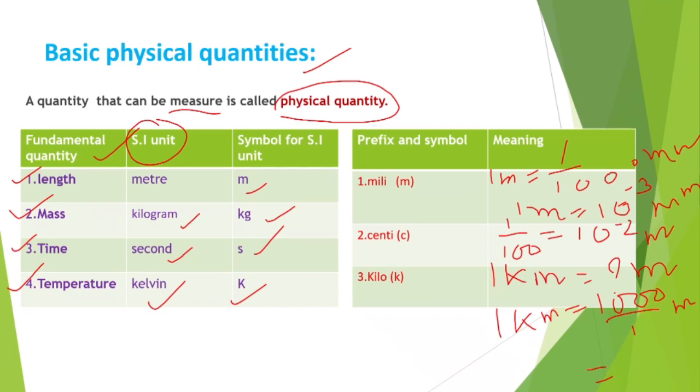So its value becomes 10 raised to 3. Why not minus 3? Because 1000 is the bigger number and 1 is the smaller number, so it is up. So we take plus 3 like this, right? Understand? I think you may understand.